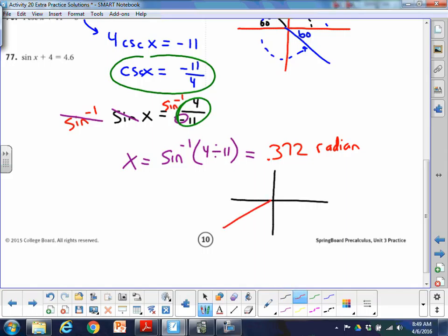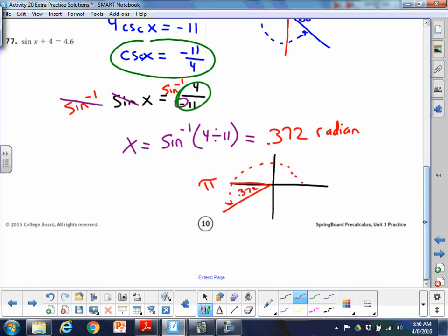So down here, if this reference angle is 0.372, the question is, how big is it in standard position? Okay, quadrant 3. So in quadrant 3, again, this is pi radians, so we went a little bit past pi. One of our solutions is going to be pi plus 0.372. So whatever that number equals, we'll do that in a second.